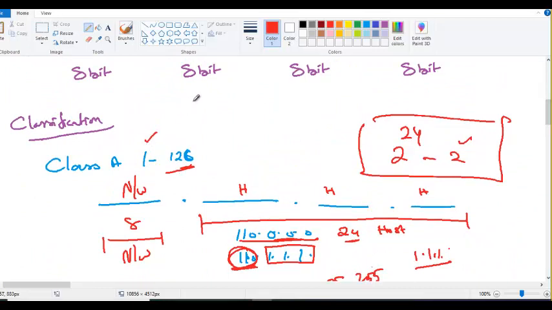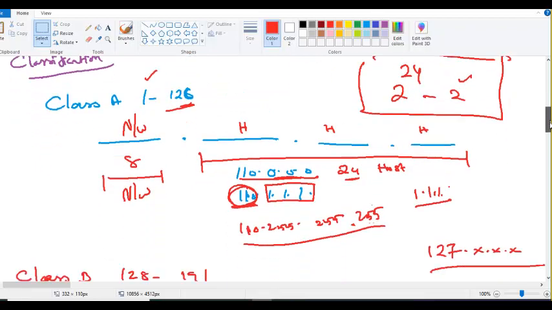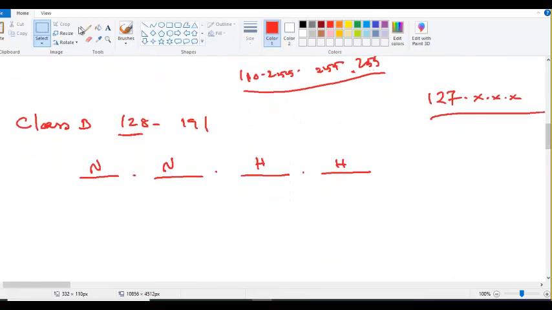Can you give an IP address to any computer as 0.0.0.1? No. That's a wrong interpretation. I don't know where you learned that, but it is wrong. No address can start with 0.